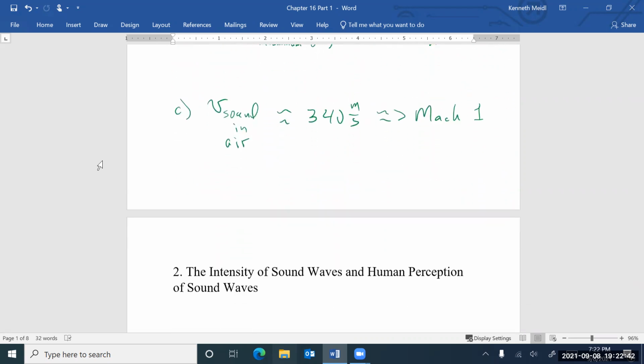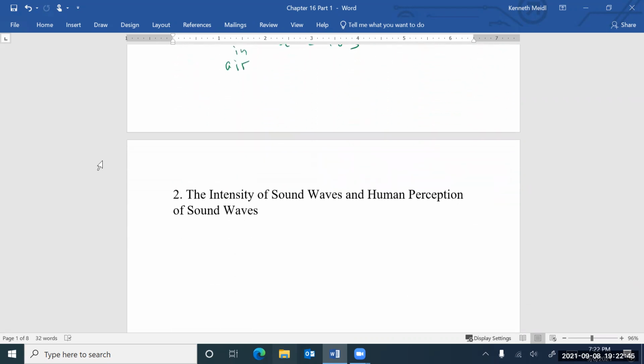Let's take a look here at how humans perceive sound waves. There's going to be a concept here, and it may be a new concept for many of you. It is something that you want to memorize, and that's this idea of intensity.